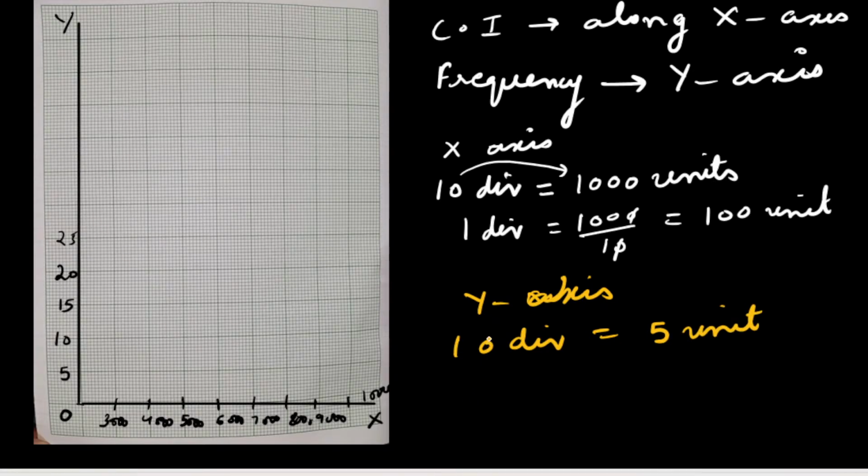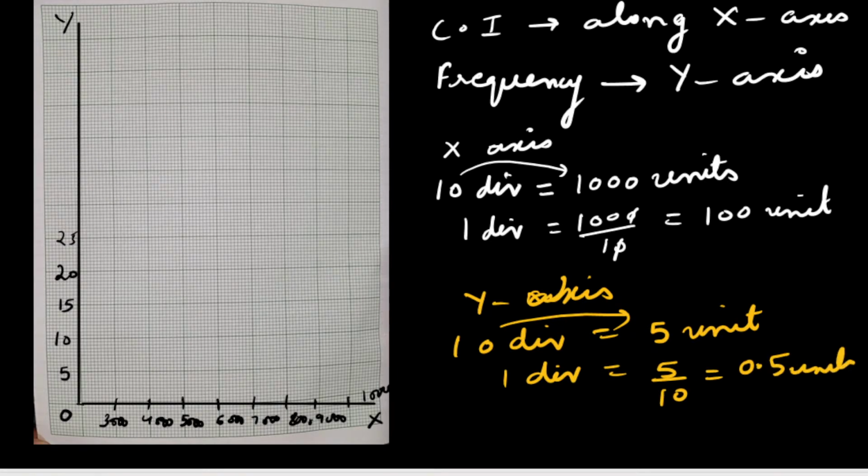When 10 you shift to the other side, 1 division you will get 5 by 10, which is equal to 0.5 units. So I hope this is clear. Graph scale is compulsory; you have to write it with each and every graphical question. Now we got to know 0.5.